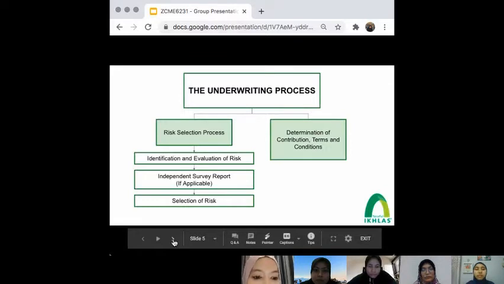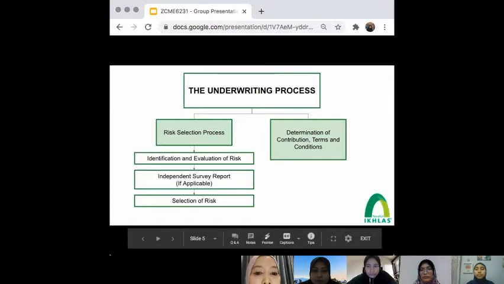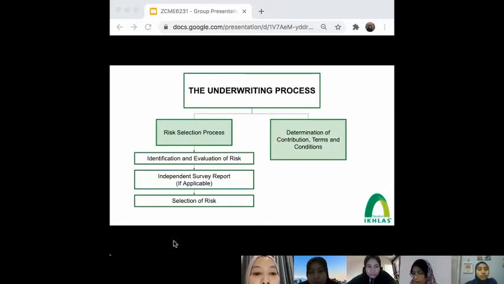It basically starts with the risk selection process. Under this process, it consists of evaluating information to determine how the risk will be classified, either as standard, substandard, or the risk will be declined.